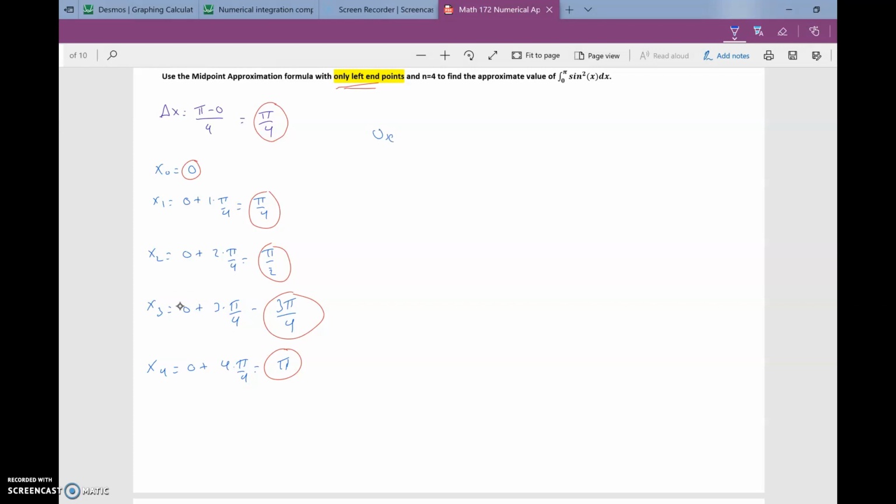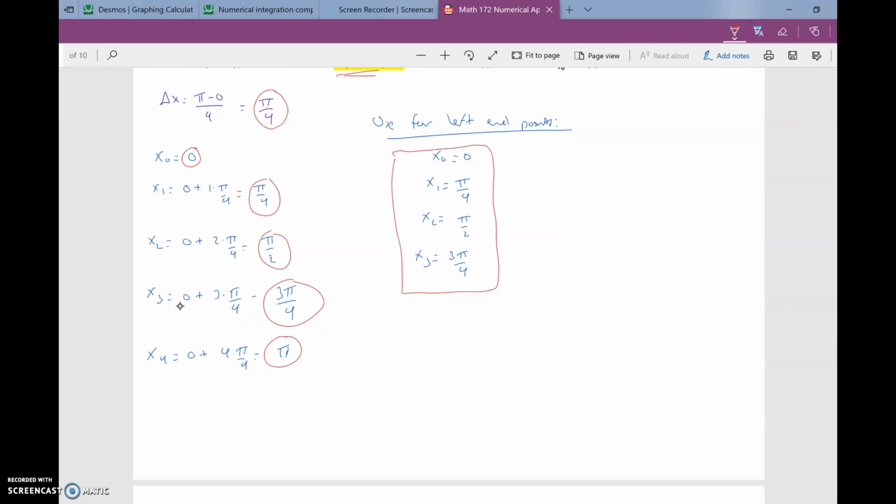So for left endpoints, in this case only the x of 0 is equal to 0, x of 1 is equal to pi over 4, x of 2 is equal to pi over 2, x of 3 is equal to 3 pi over 4. We're not going to use the last one. So a slightly different variation of the formula.